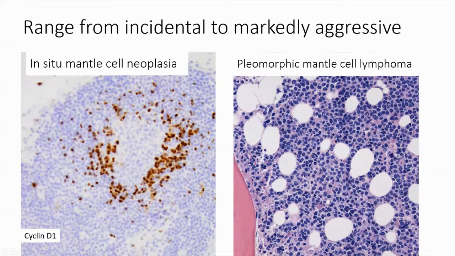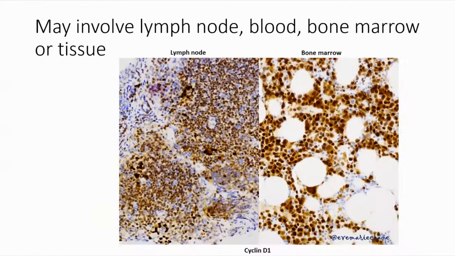And some other examples involving different sites: lymph node, bone marrow, and of course, in our patient that we saw earlier with multiple colon polyps. Here we see the cyclin D1 and those cells which had the dim CD5 and diffuse CD20. And so these colon polyps are involved by lymphoma.